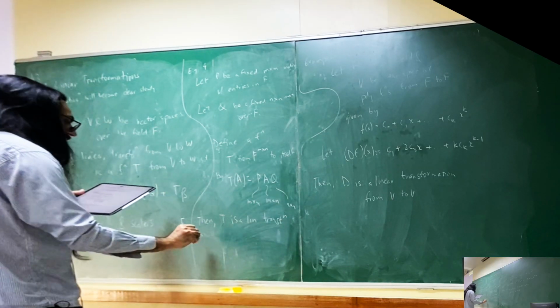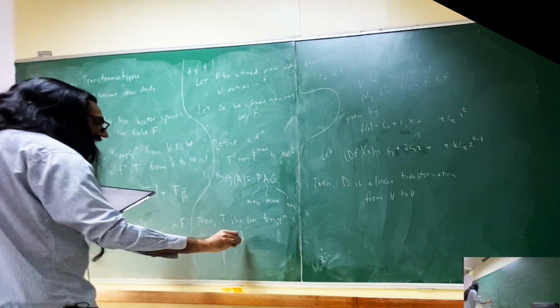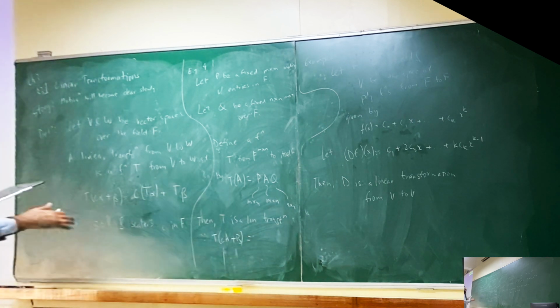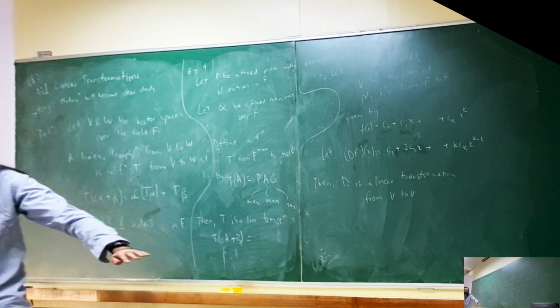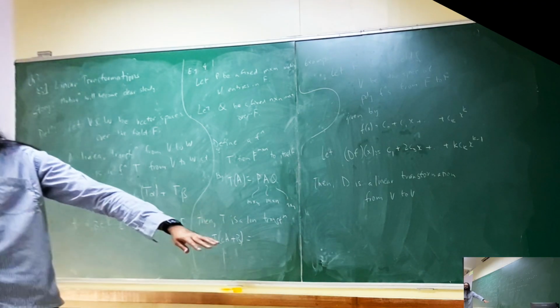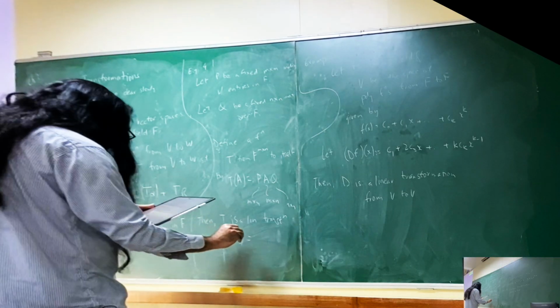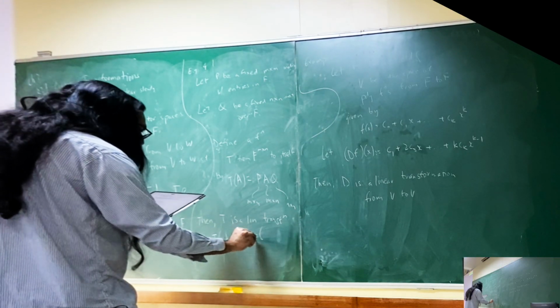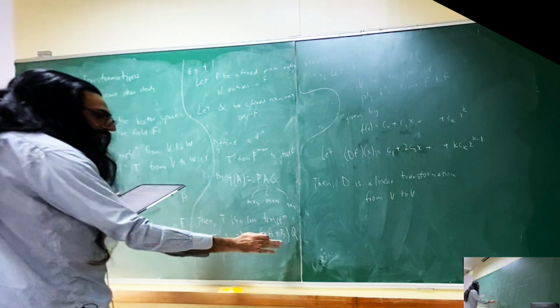Because of the following. We have T of A plus B. This is a condition we want to check, right? We're going to apply the definition and then massage it until we get the right form, which is going to be relatively straightforward. So far I'm just applying the definition.